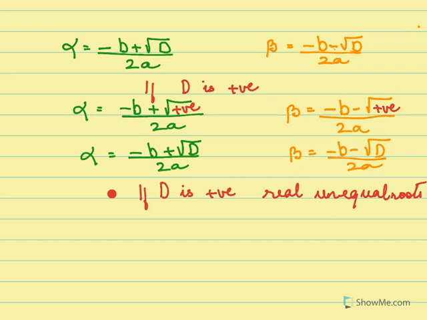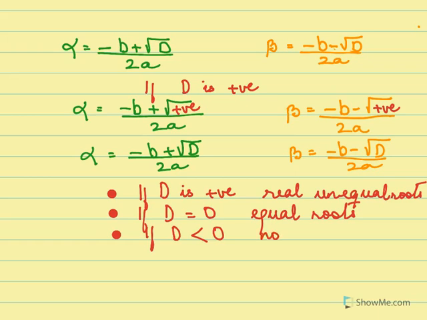Let's revise the earlier conditions. We have two more here. If D is equal to 0, we had equal roots. And if D was less than 0, that means negative, you will have no real roots.